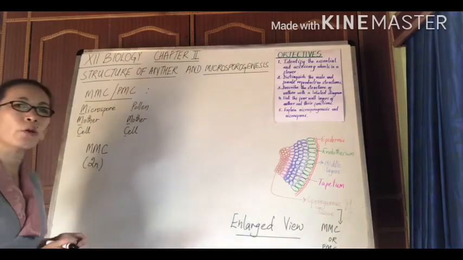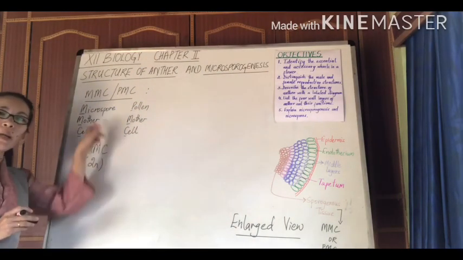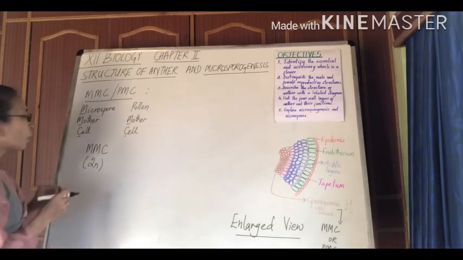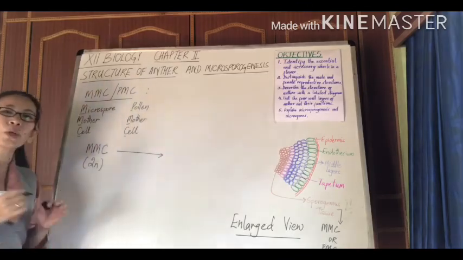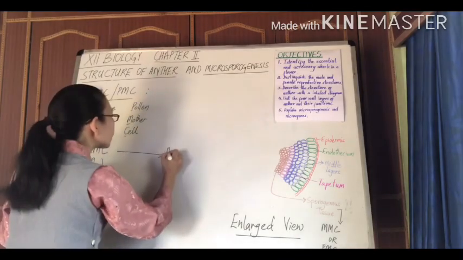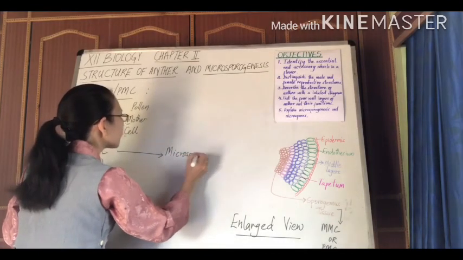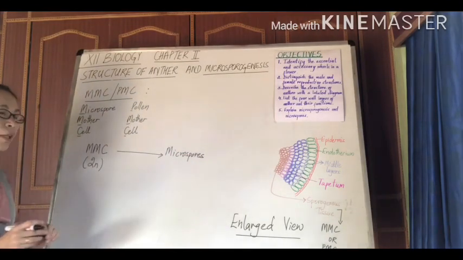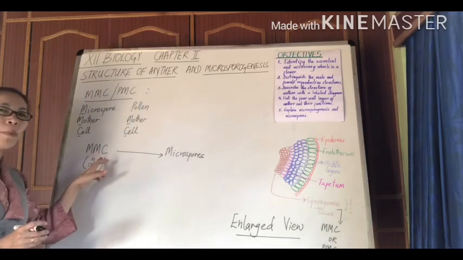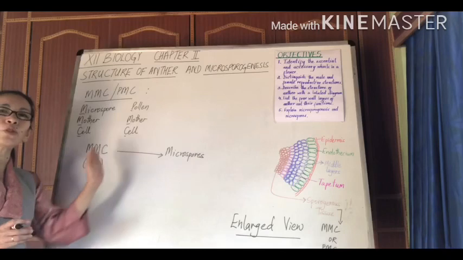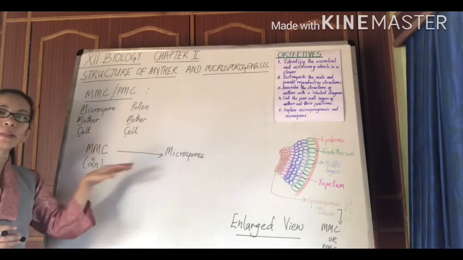So the diploid cells of the MMC, the microspore mother cell, divide and give rise to spores called microspores. Because they give rise to microspores, they are known as microspore mother cells, cells which are able to produce microspores.